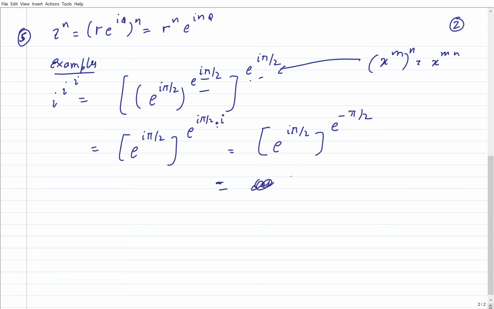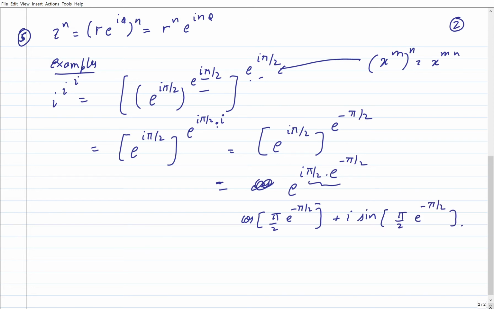This I can write down as e to the power iota pi by 2 times e to the minus pi by 2, which is nothing but cosine of the angle pi by 2 times e to the minus pi by 2, plus iota sine pi by 2 times e to the minus pi by 2. Okay.